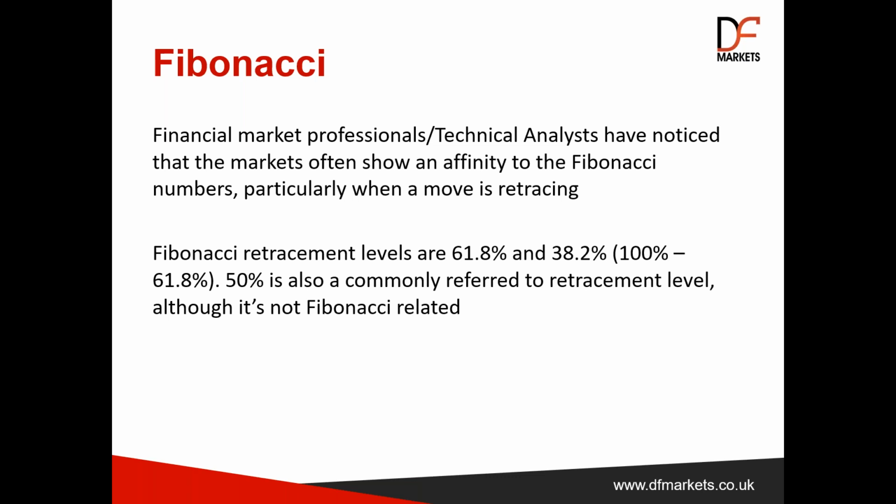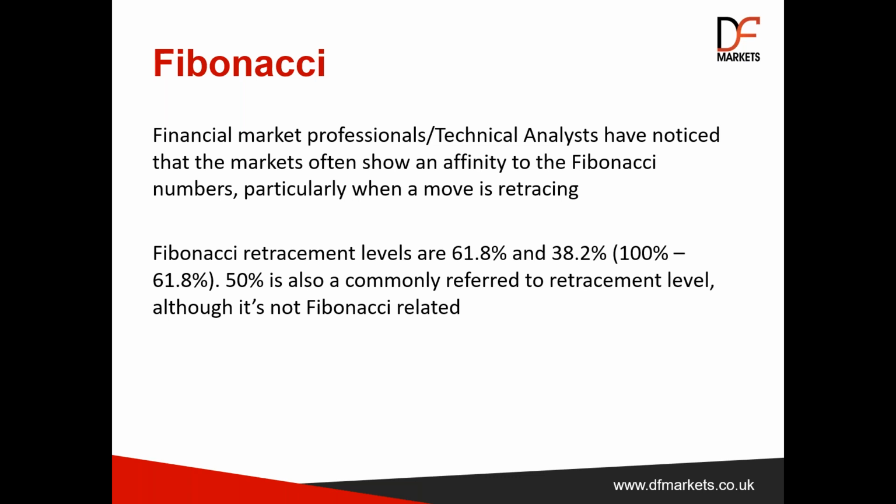But we've also noticed these numbers having quite an effect, if you like, on financial markets, an affinity to Fibonacci numbers. And one of the ways that I want to show you today is when markets are retracing, when you are seeing a market that has been on a trend and then is pulling back some of that trend, and quite often we see that those markets pull back by 38.2% or 61.8%. 38.2% is 100 minus 61.8.